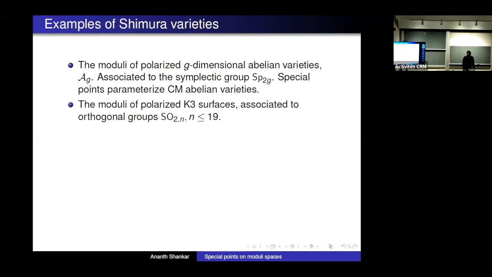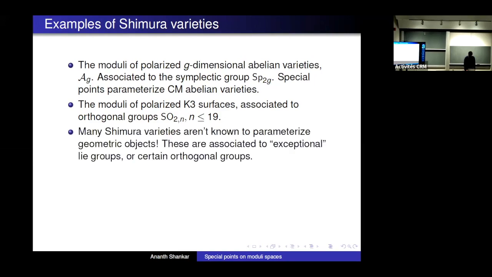If you were to look at orthogonal groups, where the signature is (2, n), then these orthogonal groups parameterize K3 surfaces, which are also objects of arithmetic and geometric interest.